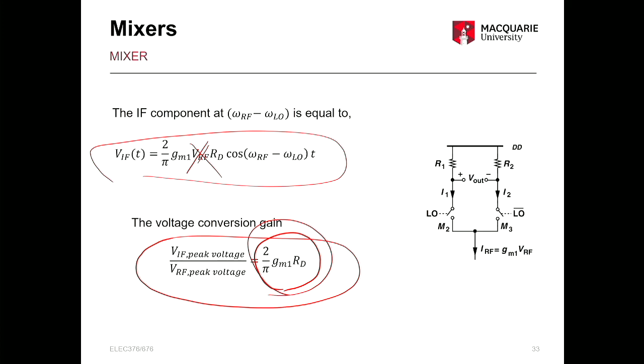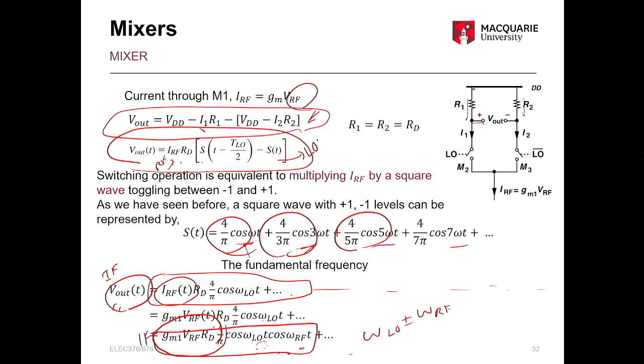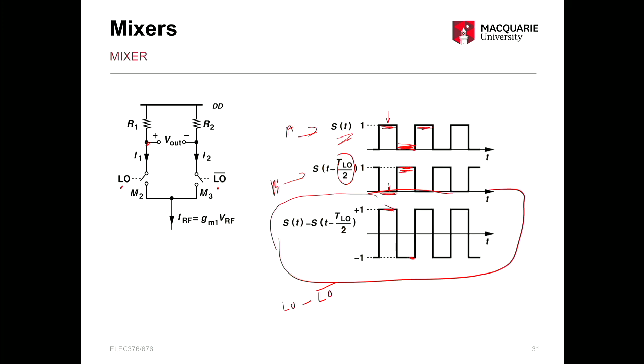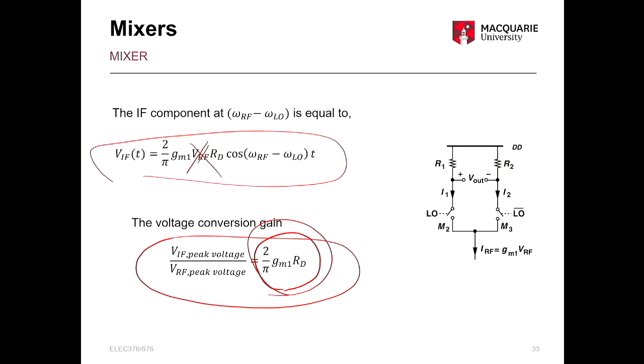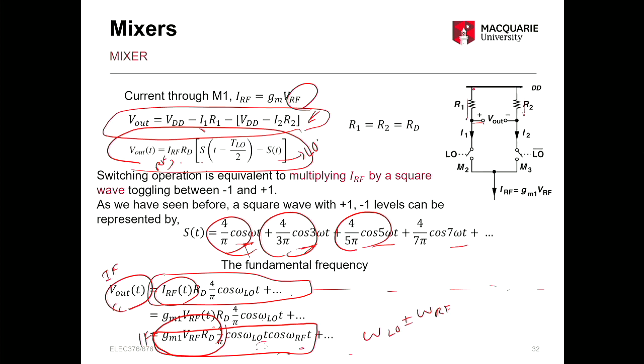Should the coefficient of the RF or IF be half of the average? Yeah. No, because when you expand cos multiplied by cos, it becomes half of it. So it became from 4 to 2. So you are right, but it's already taken care of.